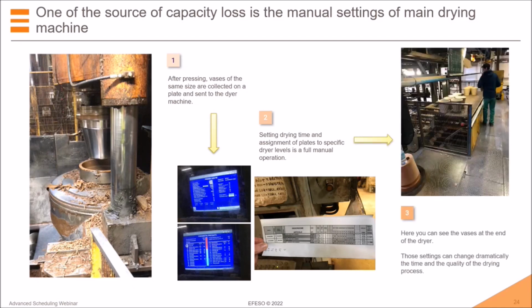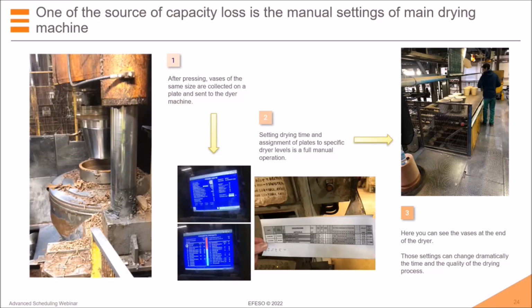After pressing, the bases are collected on a plate and pushed into a dryer, and there are up to 12 levels in the dryer, so you can dry many different SKUs at the same time. Different SKUs require different settings, and the two are tightly related to each other. It's very complex to find the best combination of plan and settings at the same time by hand.